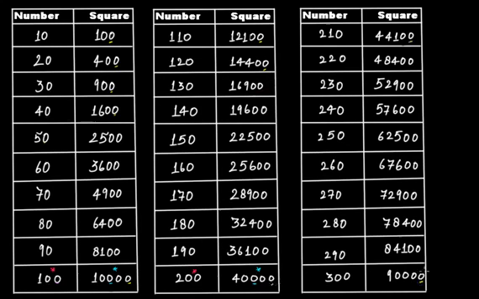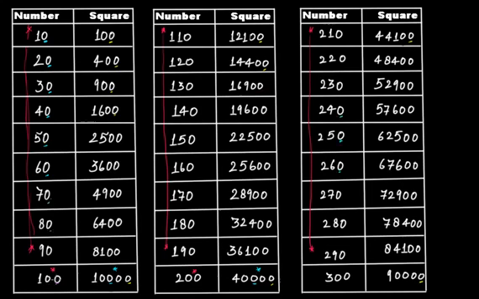If you look at these numbers, from 10 up to 90, from 110 up to 190, from 210 up to 290, all these numbers have one thing in common, that is they have only one 0 at their end. They have a single 0, right?